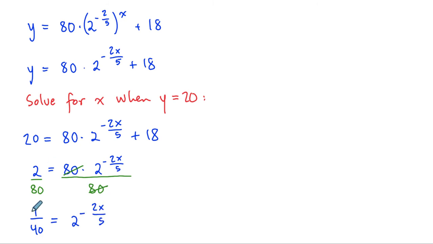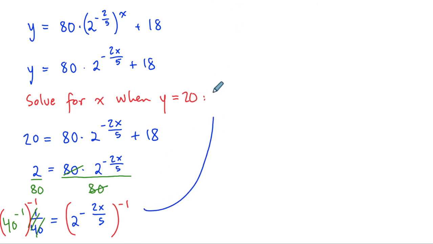Now I'm going to rewrite 1 over 40 as 40 to the exponent of negative 1. And I'm going to reciprocate both sides of the equation, or raise both sides of the equation to the exponent of negative 1, which is going to deal with these negative exponents. I now end up with a simpler looking equation that says 40 equals 2 to the 2x over 5.